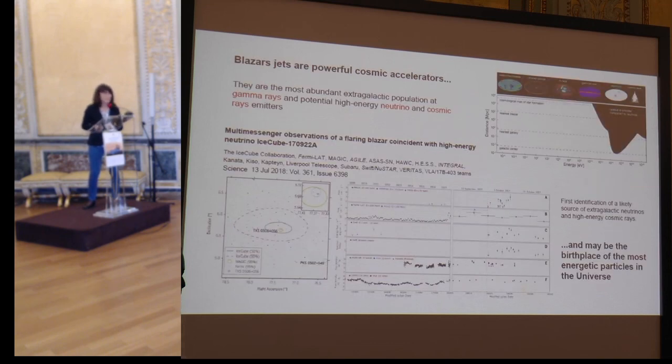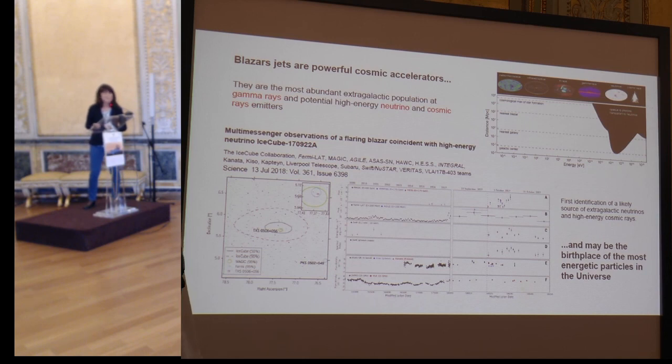Another interesting thing is that blazars are powerful cosmic accelerators. In the blazar jets, photons are accelerated up to gamma ray energies, and in fact, blazars are the most abundant population at gamma rays. But blazar jets also accelerate particles, and they are expected to produce neutrinos and cosmic rays.